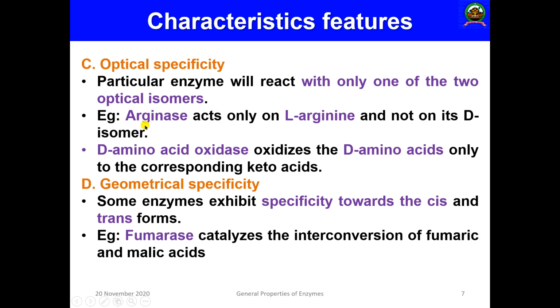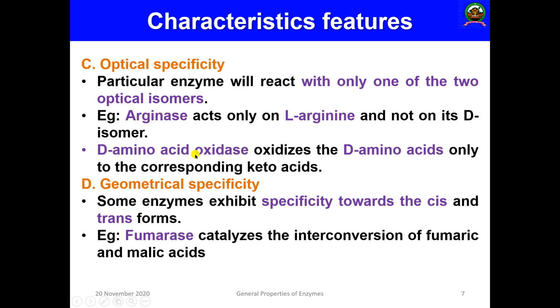For example, arginase, an enzyme that specifically acts on arginine. But which arginine? The optical isomer should always be the L variety. It will not act on the D variety. So arginase acts only on the L variety.